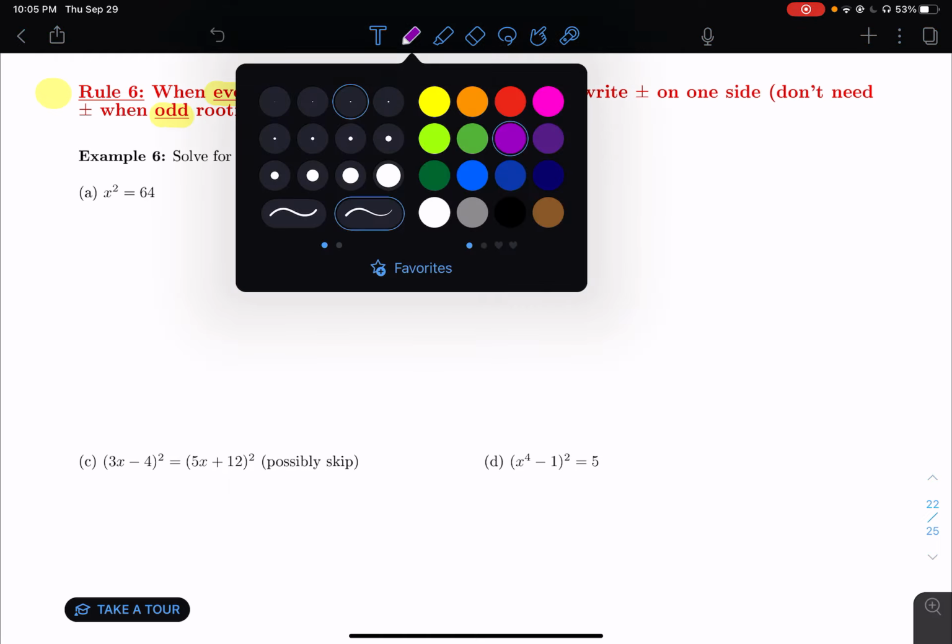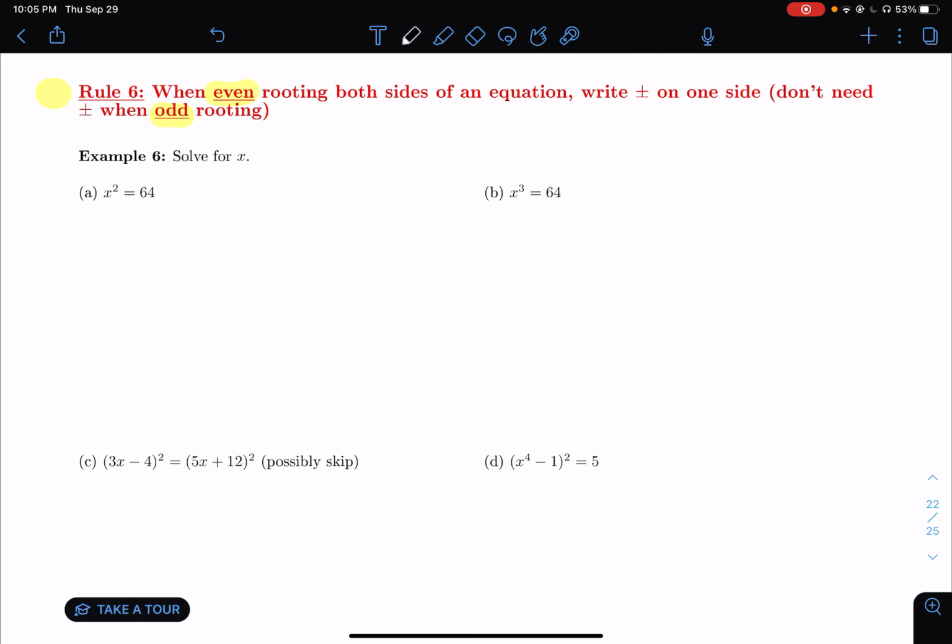So in part A of example 6, I got x squared equals 64, and I can get rid of the squared by square rooting both sides. So if I square root both sides, I get square root of x squared, I get square root of 64. And when I do that, I need to put a plus or minus on one of the sides. The left-hand side just becomes x.